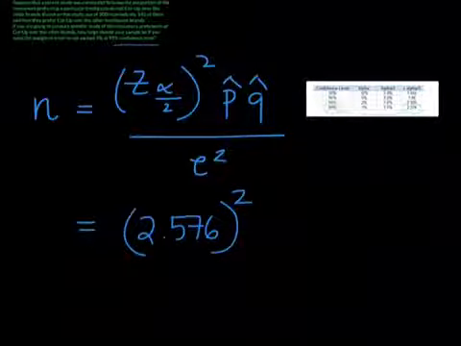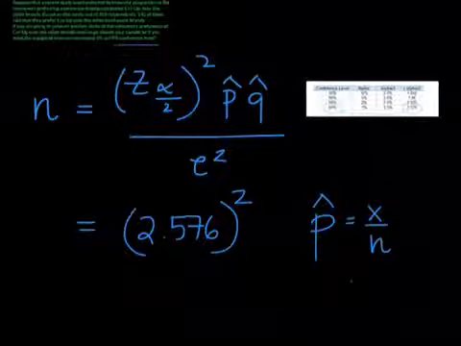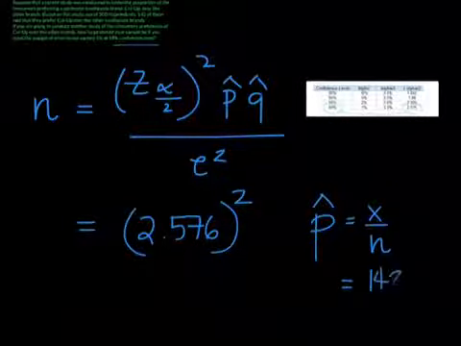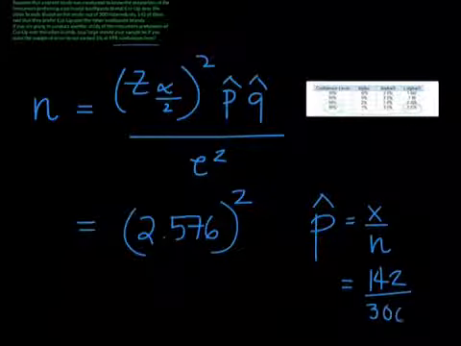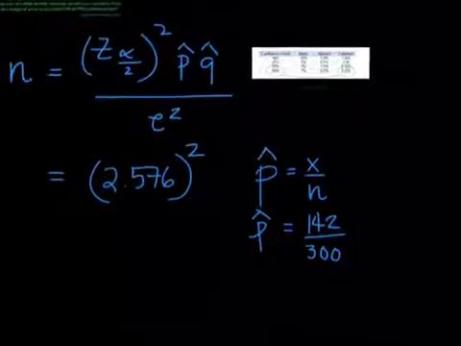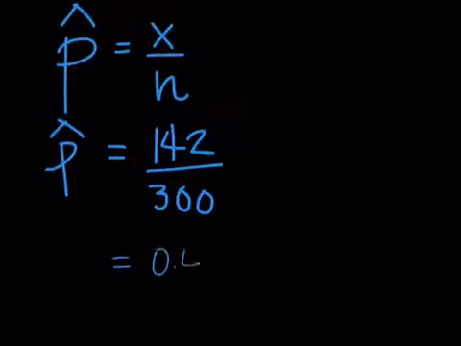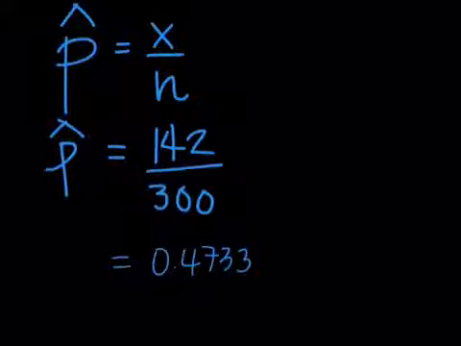The p-hat is our sample proportion from the recent study. Now from the recent study, the p-hat is x over n, and it says that 142 out of 300 respondents said that they prefer Call-Up. 142 over 300 is equal to 0.4733.